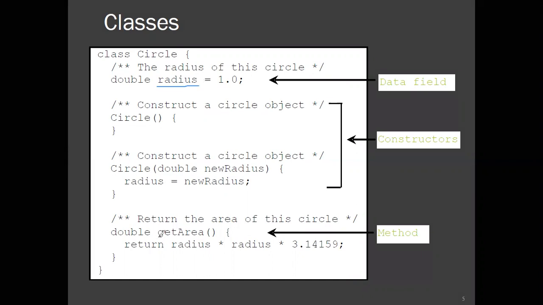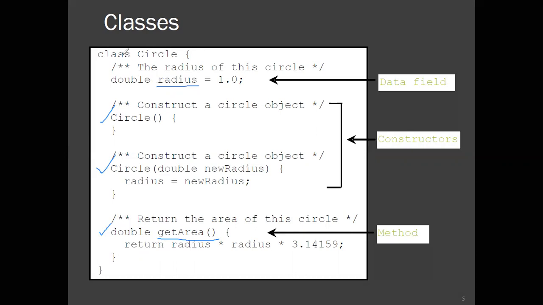Then getArea is a behavior; the circle is drawn in order to get the area. There are two constructors here and one instance method. This is called an instance method, or simply a method.